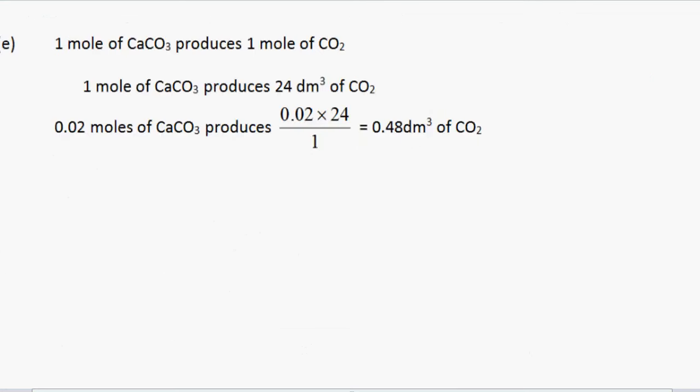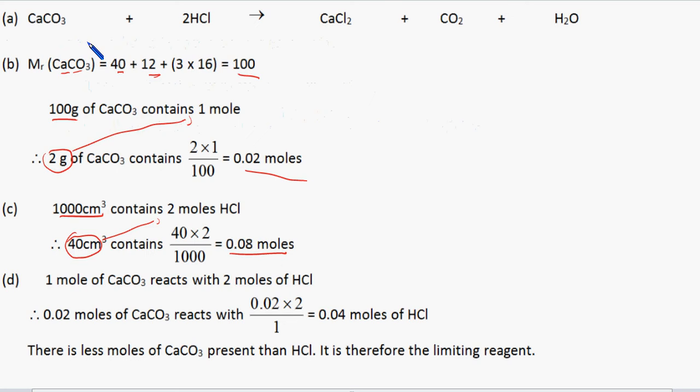Now, the limiting reagent is your reagent that is in the smaller quantity. If you look at this question here, we have 0.2 moles of calcium carbonate, but we have 0.08 moles of acid. So 1 mole of calcium carbonate reacts with 2 moles of hydrochloric acid.